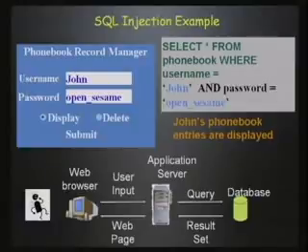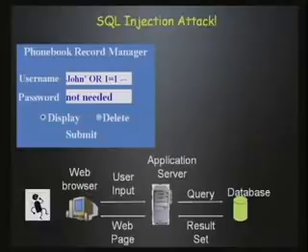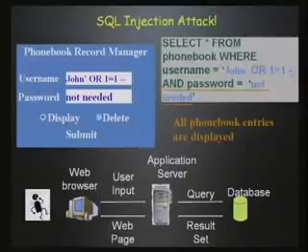Let's look at an attack scenario. The user inputs John followed by a single quote or 1 = 1 followed by the 2 dashes. As you all know, the 2 dashes represent the comment character in SQL. And let's say the user enters a password that says "not needed" and chooses display. In this case, let's see what happens. The query generated looks like this.